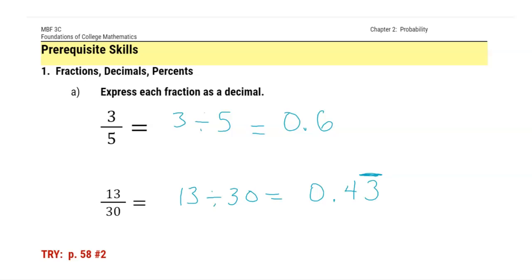Some of you might be asking, how do I know how to round? If a question doesn't specify, you're open to interpreting that however you want. Typically, I will specify for you.